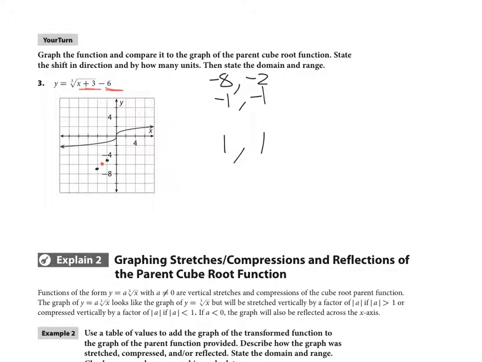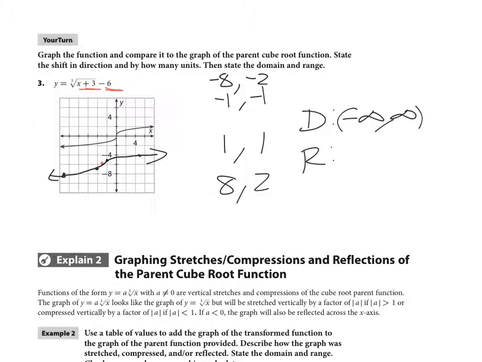So left 8, 1, 3, 5, 7, 8, and then down 2 would put me here, and then go to the right 8. Again, this is all from your starting point here, the red point. So I go over 1, 3, 5, 7, 8, and then up 2. And then graph my function. Again, domain is negative infinity to infinity, and range is negative infinity to infinity.